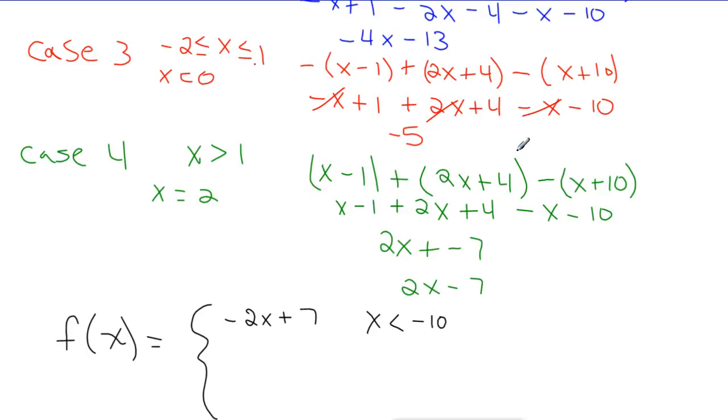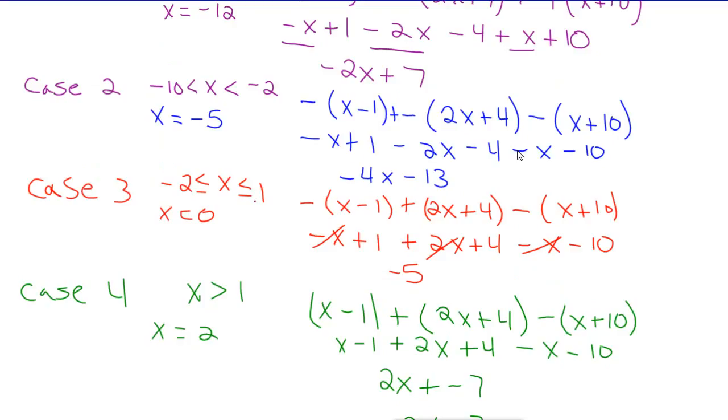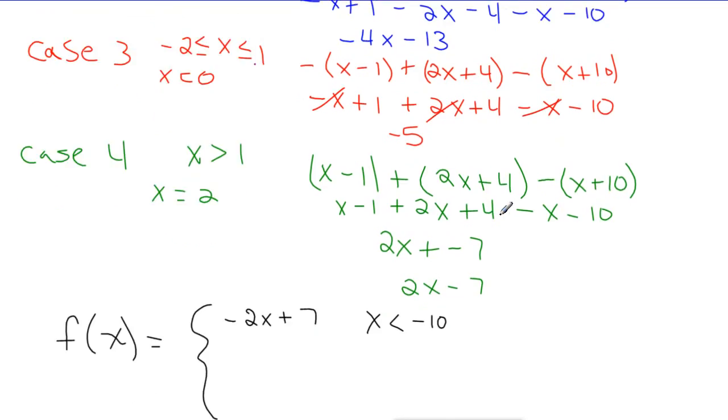Then our second case here, case number 2, we ended up with negative 4x minus 13. That was when x was between negative 10 and negative 2. So we're going to have negative 10 less than x less than negative 2.